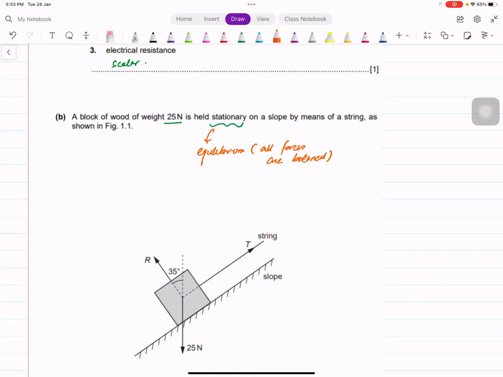We will study this in future as well, but whenever something is in equilibrium, it could have two different states. One, it could be at rest, or it could be moving with constant velocity. So the acceleration should be zero. That is what it means, okay?